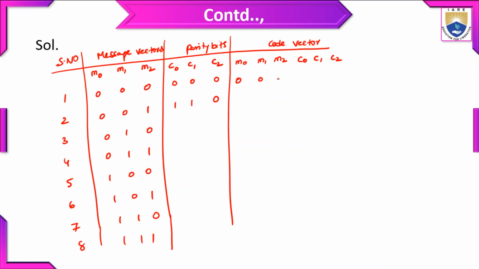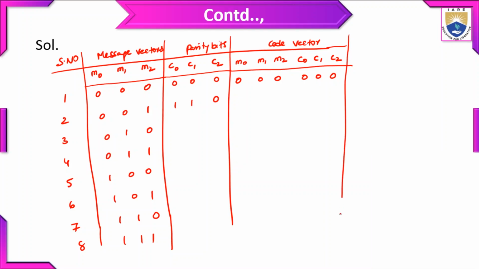So 0, 0, 0, 0, 0, 0. For message 0, 0, 1 we got 1, 1, 0. Similarly, for 0, 1, 0, it is 1, 0, 1.